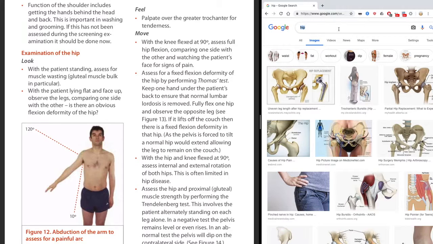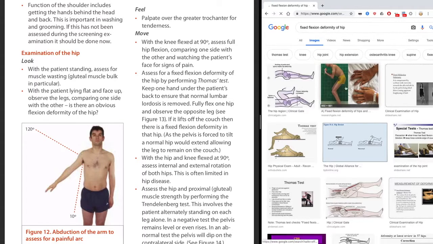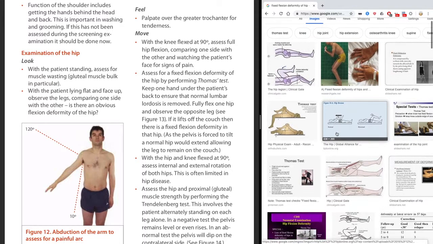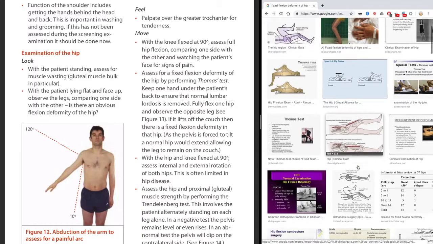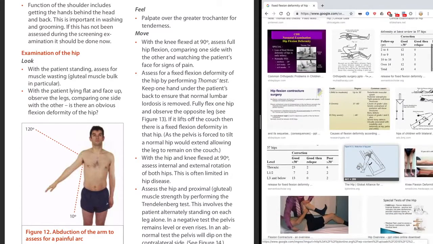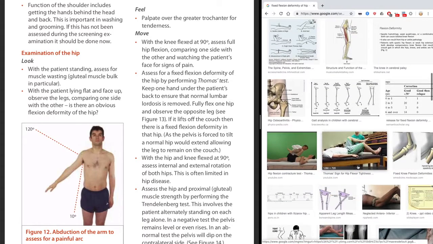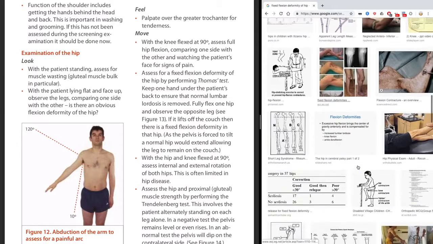Let's see if I can find a picture of it. There's no picture of a real life person lying down with fixed flexion deformity.